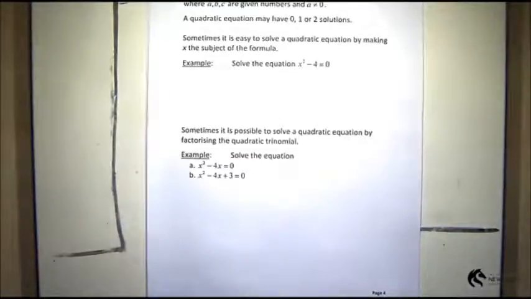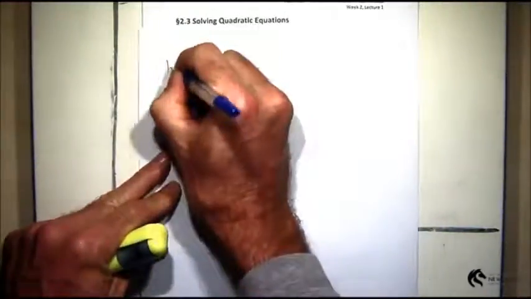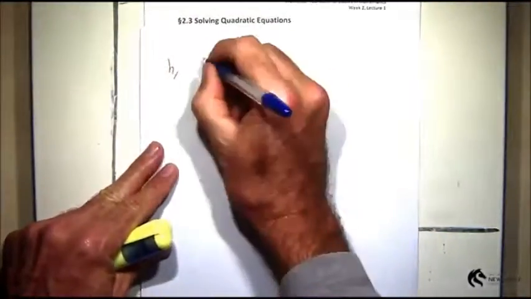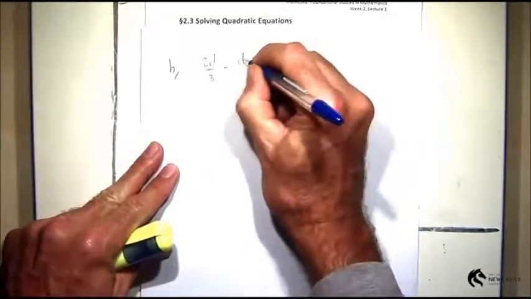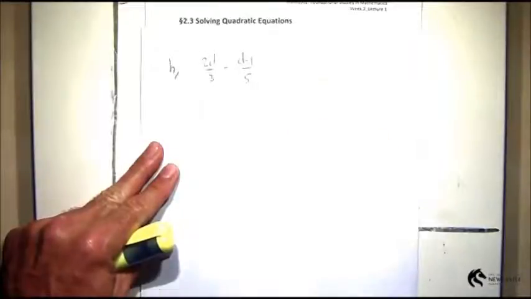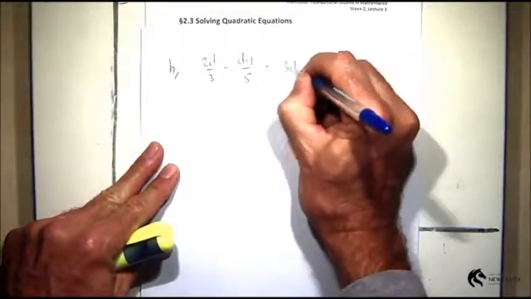So I've now run out of paper there, so let's go over and do H. It says 2d on 3 minus d minus 1 on 5 is equal to 3d plus 8.